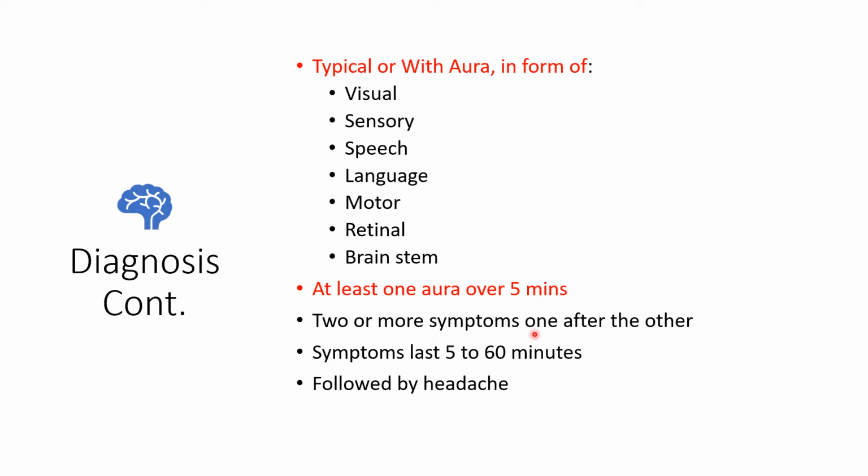Two or more symptoms, one after the other, will be occurring, and symptoms may last for 5 to 60 minutes, followed by the headache. So the aura will be affecting all this over 5 minutes, up to 60 minutes, then there'll be headache.